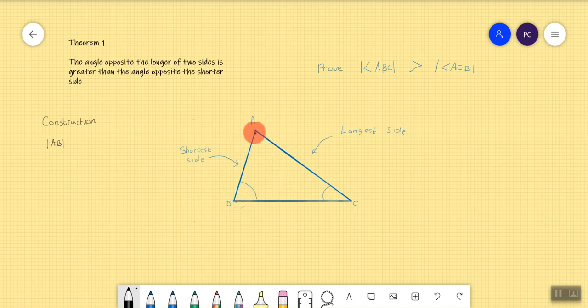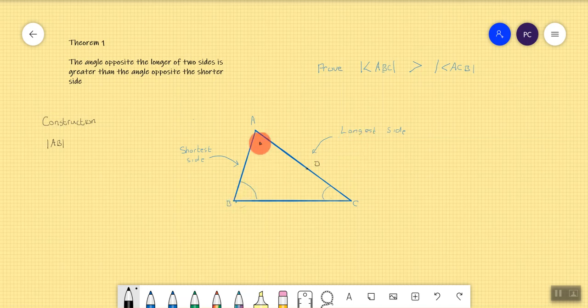Now what we want to do is draw a point on the line AC so that it's equal to the length of AB. So let's say it might be somewhere around here. So we're drawing a point, and let's call this the point D. We're placing this point on the longest side.